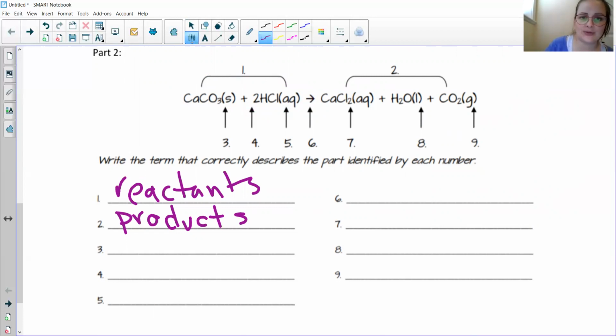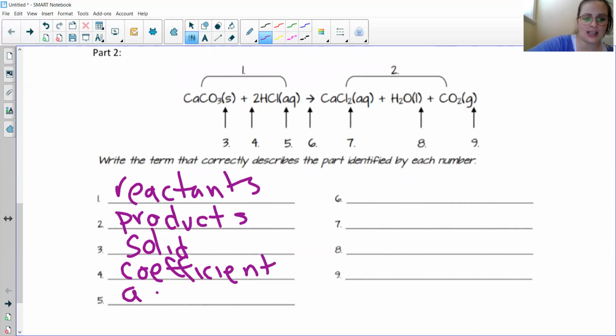Number 3 looks like it is pointing to the S, which stands for solid. Number 4 looks like it's pointing to the coefficient, and nothing else seems to be pointing to the coefficient, so I'm going to say that's pointing to the coefficient. Number 5 looks like it's pointing to the AQ, which stands for aqueous.